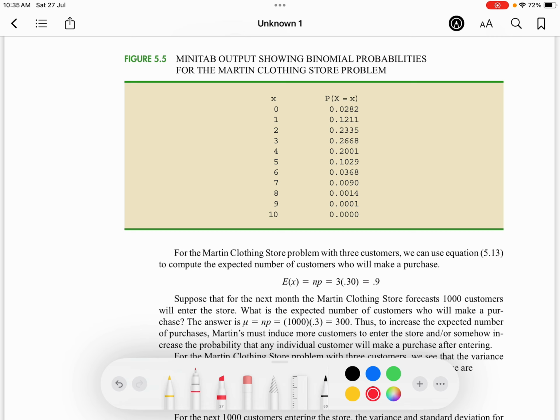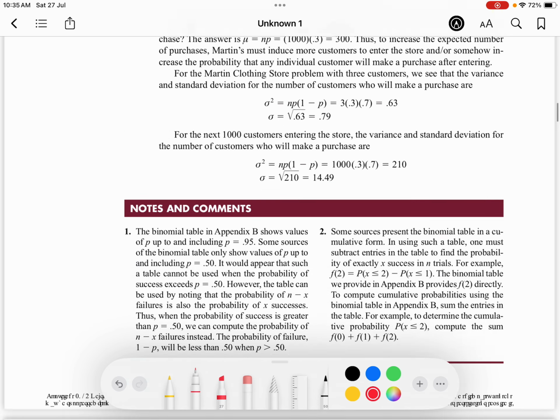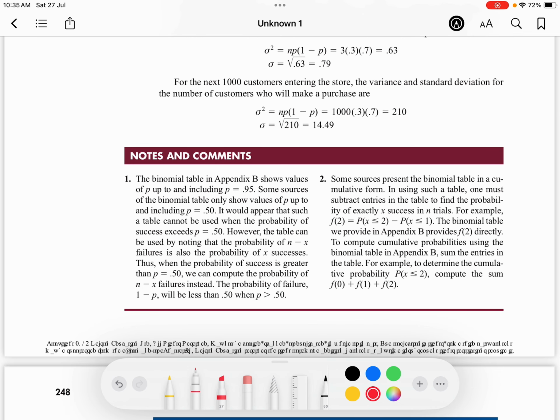Here I don't want this example. At the end of this section, notes and comments. The binomial table, I don't need it. Here, some sources present the binomial table. Here, you will notice this idea. In using such a table, one must subtract entries in the table to find the probability exactly.